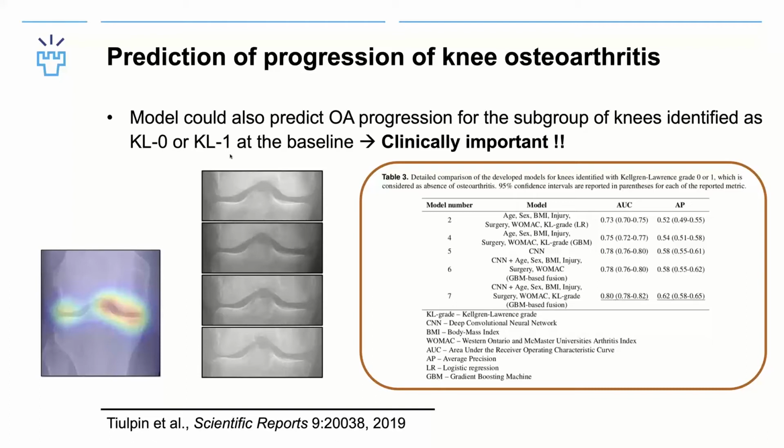But the model could actually predict in several cases the progression for those ones with fairly good accuracy, AUC of 0.80. And this is of course clinically important, because if you take a knee X-ray and look at it, you would say visually, okay, it's normal, but actually the model would say that no, it has a high probability of progression within the near future. So this might be clinically important.